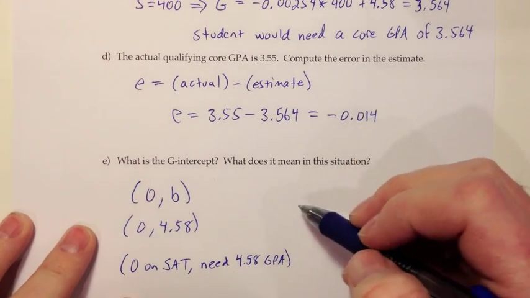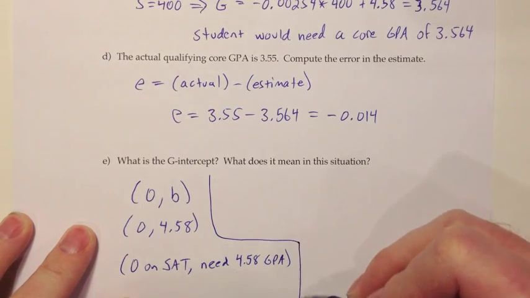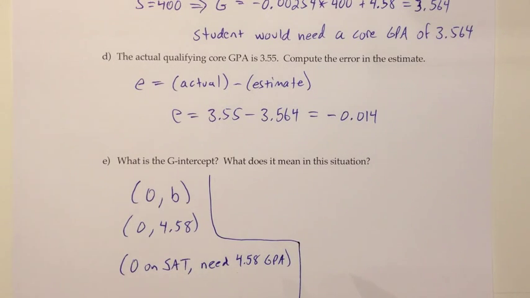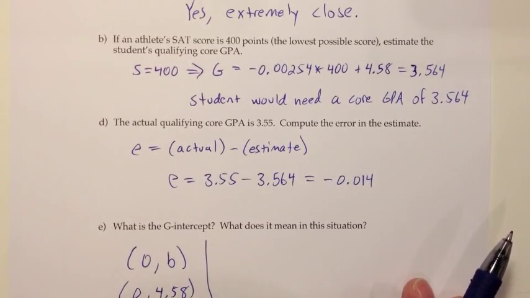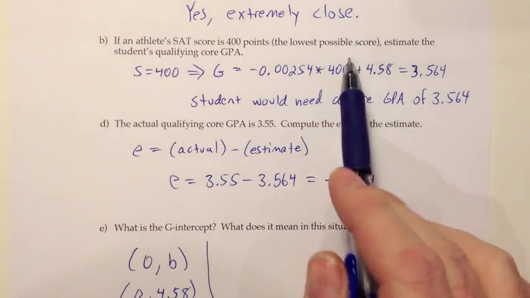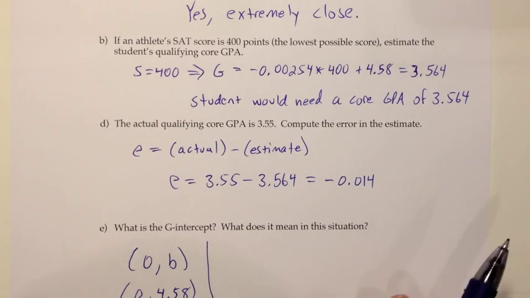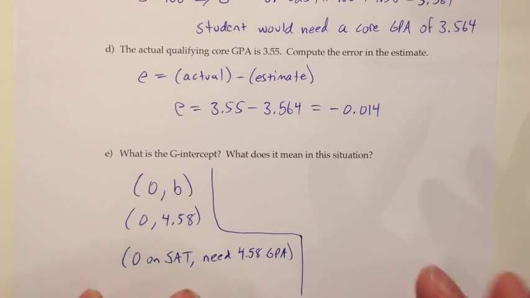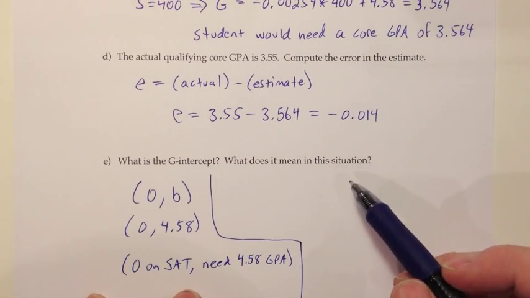A couple things to say. Generally, a 4.58 GPA is not possible. Perhaps with AP courses it could be, but it all turns out to be irrelevant because a 0 on the SAT test is not possible. If we look back up at Part B, it says the lowest possible score you could get was a 400, so a 0 is not going to happen. So what does this mean in the situation?